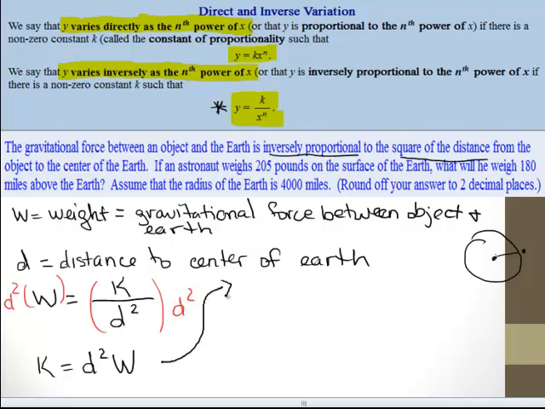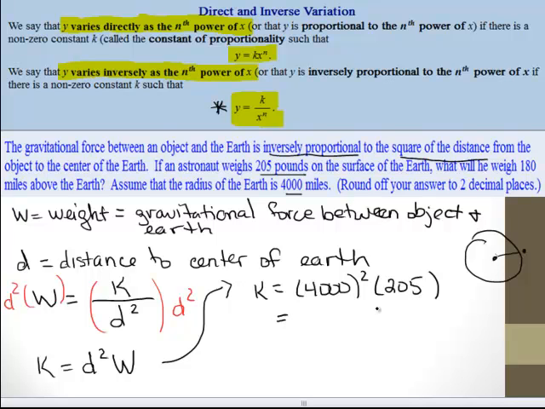So let's plug in what we know. K is equal to the distance squared. Well, the distance is 4,000 miles, times the weight. Well, when he's 4,000 miles from the center of the Earth, he's actually on the Earth. That means he is 205 pounds on the surface of the Earth.